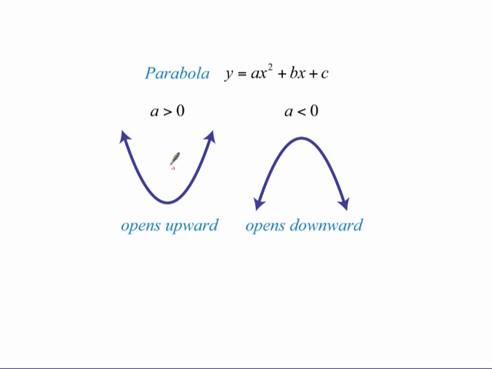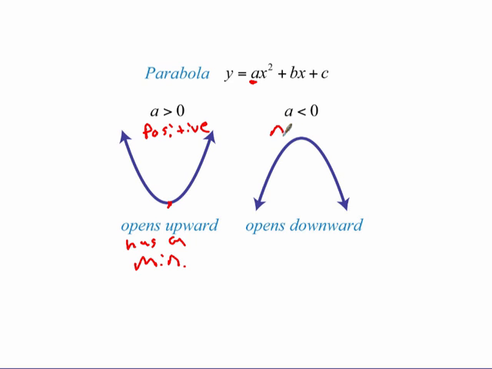So we just discussed that a parabola can open upwards or downwards, okay? And the way we figure this out is if we look at the equation, if we put it in the form y equals ax squared plus bx plus c, if a, which is the coefficient of x squared, is positive, then your graph is going to open upward and it has a minimum, okay, because it has a lowest point.